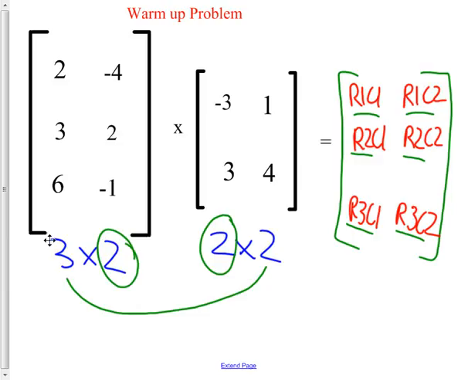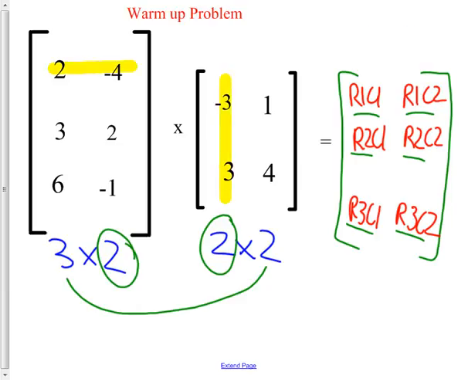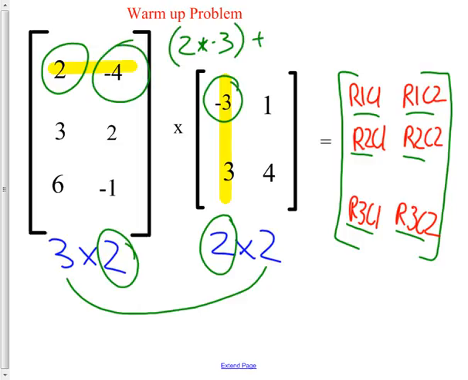So the first one tells us that we're going to go to row 1, column 1. And that math looks like 2 times -3, the first number in the row times the first number in the column, added to the second number in the row and the second number in the column. So 2 times -3 is -6, plus -4 times 3 is -12, so -18.